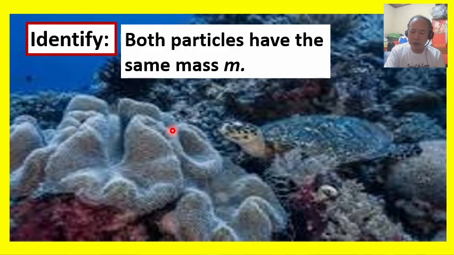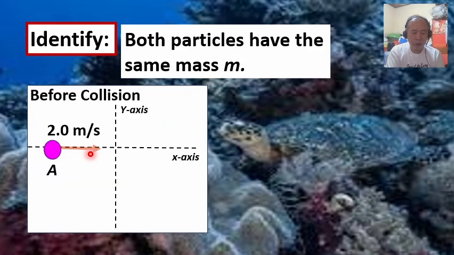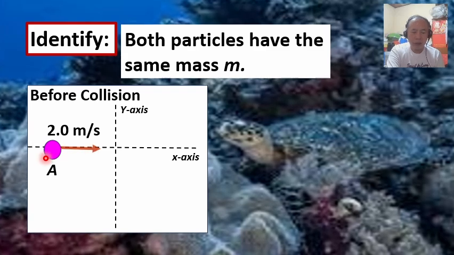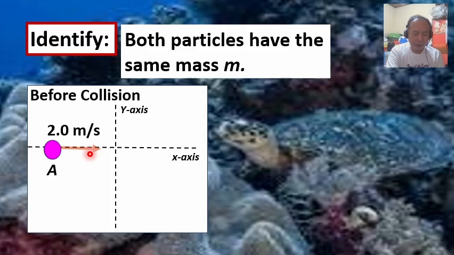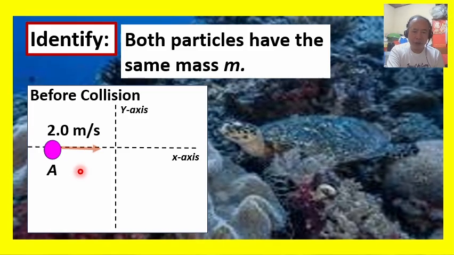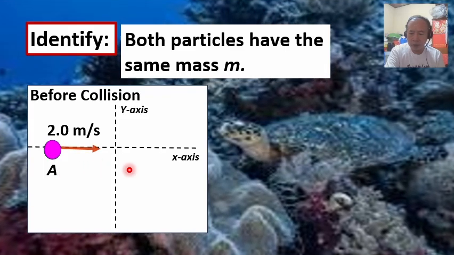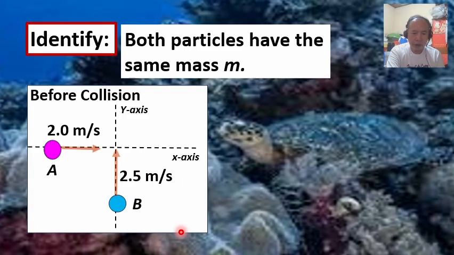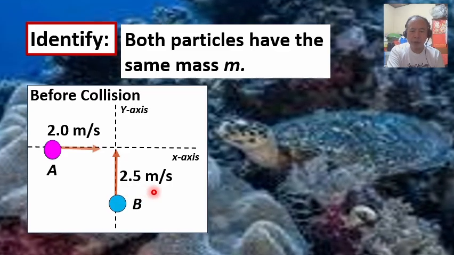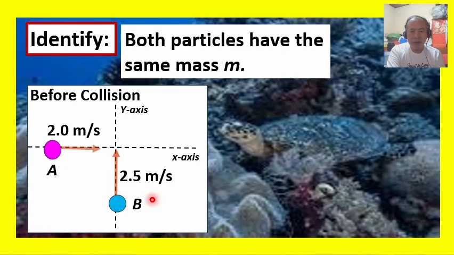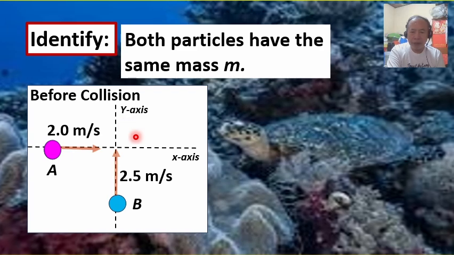And as illustrated in the two figures, before the collision, particle A is moving at a speed of 2.0 meters per second, and it is heading towards the positive x direction, while particle B is moving at a speed of 2.5 meters per second, and its direction is towards the positive y axis.